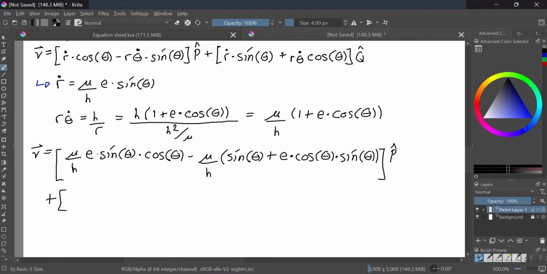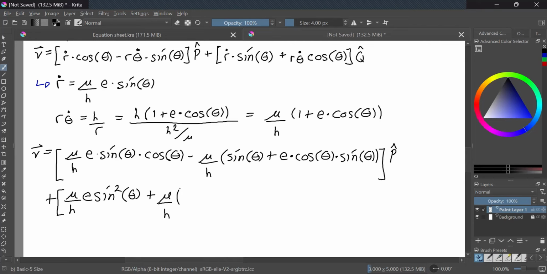Plus, again, I'm going to need a bigger bracket. So again, mu by h times e times the sine squared of theta, because we have a sine here and a sine here, plus mu by h.